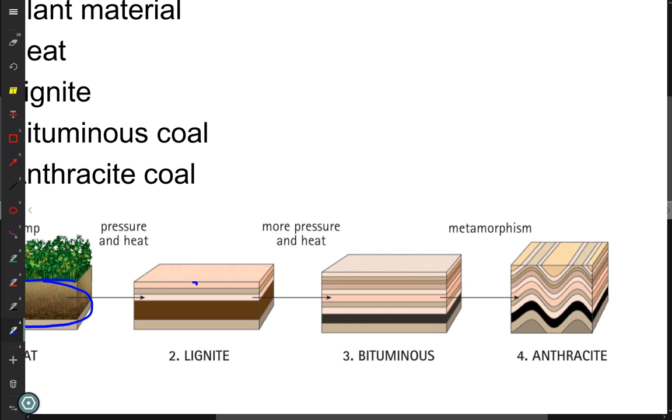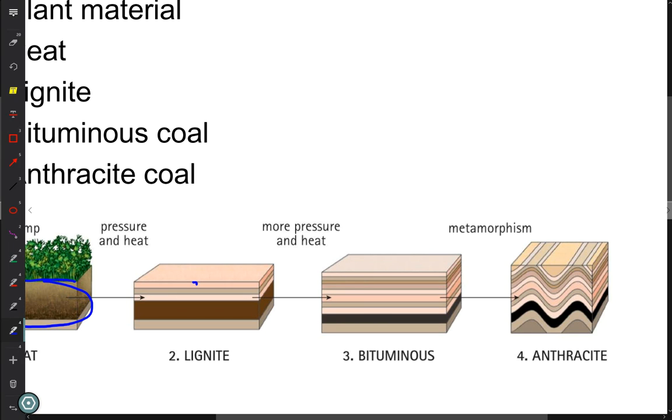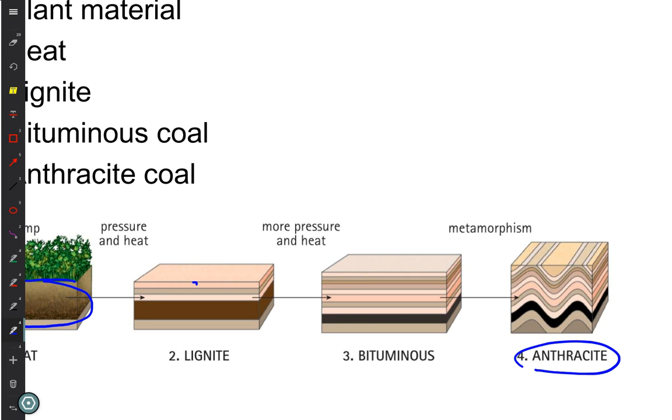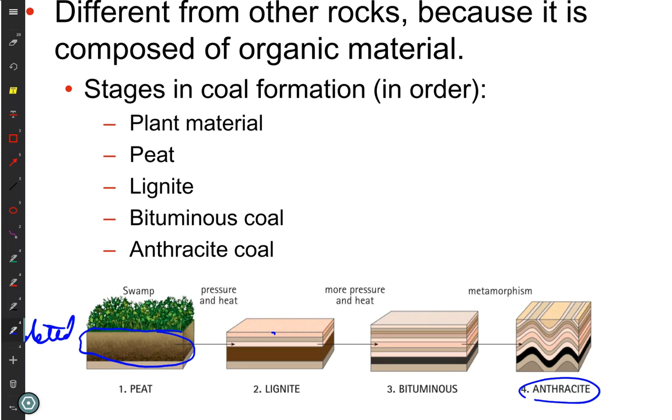You might have heard of people talking about coal as bituminous. And so this here then can be dug up, the anthracite, the final form, dug up as a rock and burned very hot. So it's a natural cycle to make the bituminous or anthracite coal.